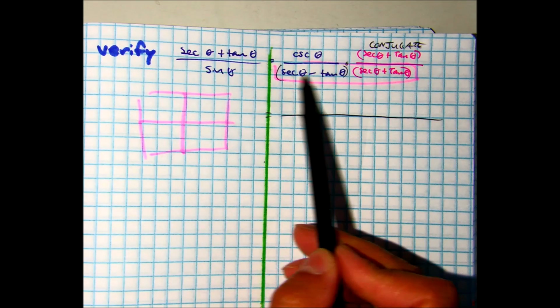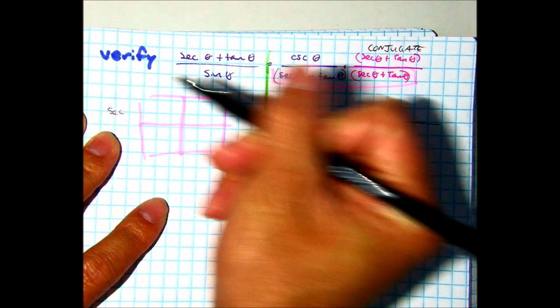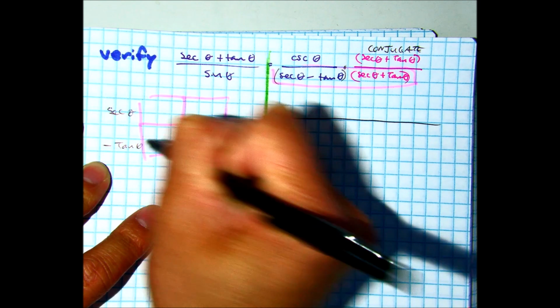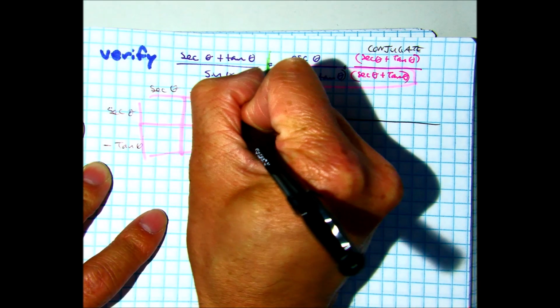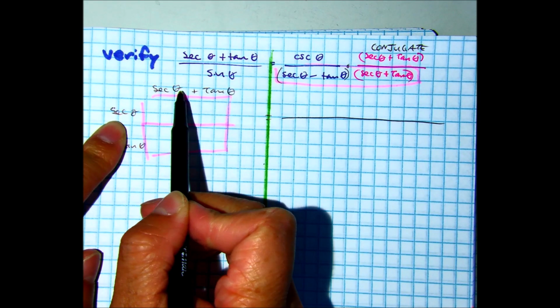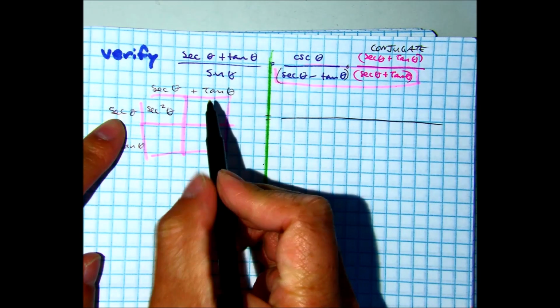All right, Marianne. Let's go ahead and multiply the denominator. So I'm going to use a box, which is essentially the same thing as FOIL, or multiplying a binomial times a binomial. Mariana, secant times secant. Mariana, secant times tangent.